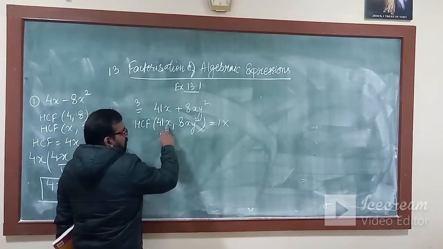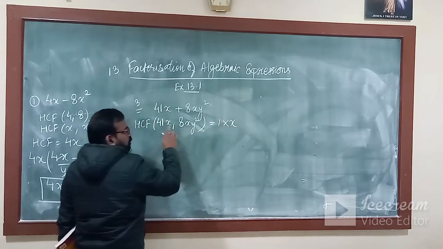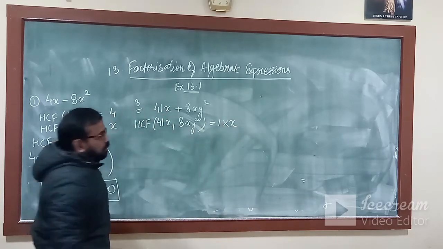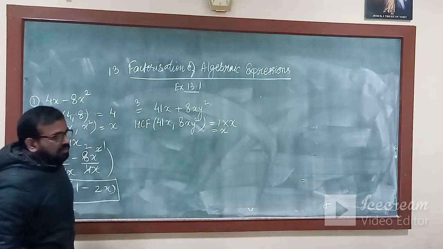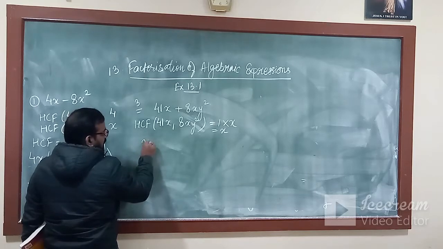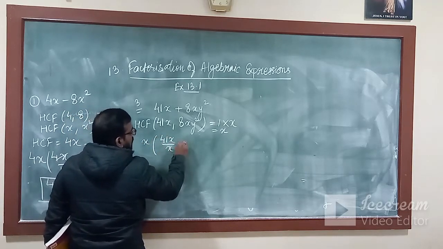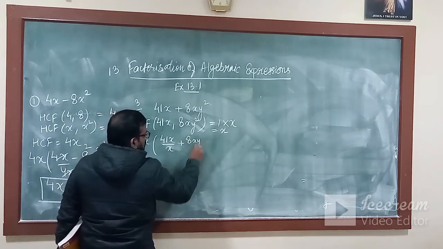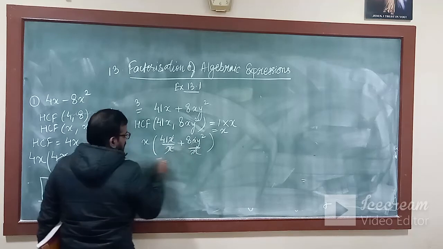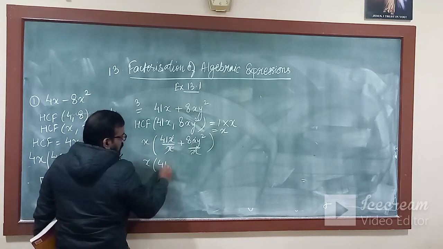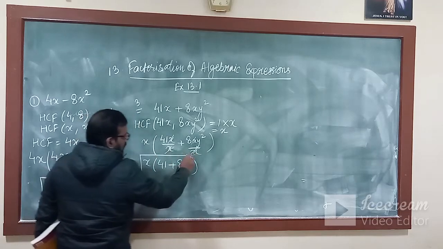Then for x and x, the least power is x, and there is no y square in the first term. So the HCF is x. So the factorization is x into 41x upon x plus 8xy square upon x. The x cancels out here, and you will get x into 41 plus 8y square.